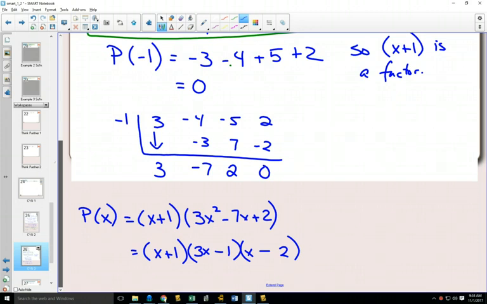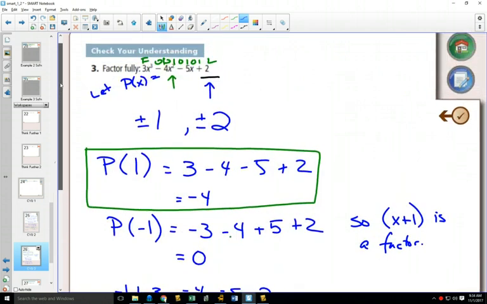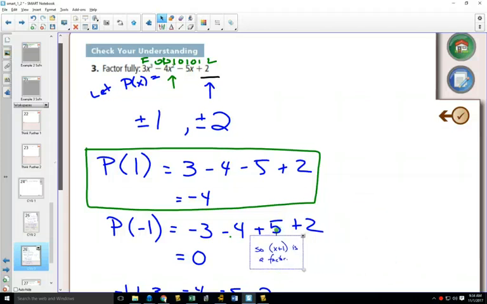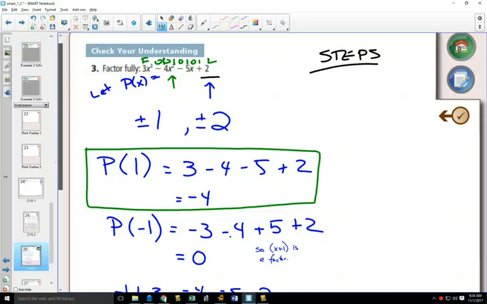So on these questions that say factor completely, let's just summarize what we did. Number 1. First thing we had to do was find a factor.